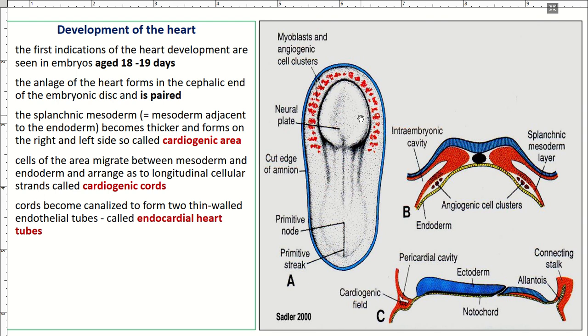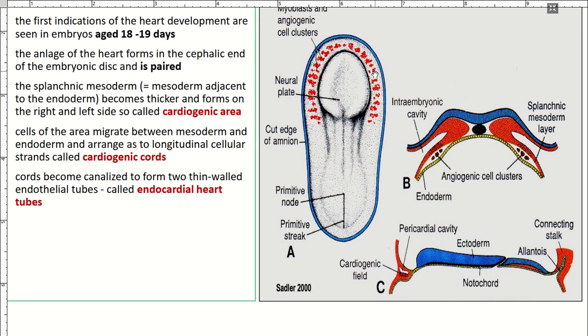The cords later become canalized, and then you form what you call an endocardial heart tube. These endocardial heart tubes will later fuse to form your heart tube.